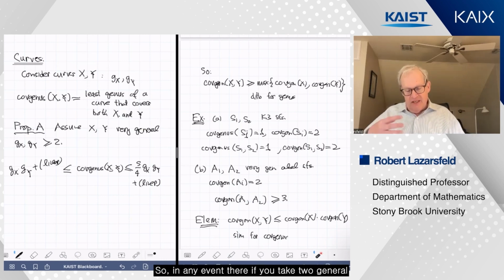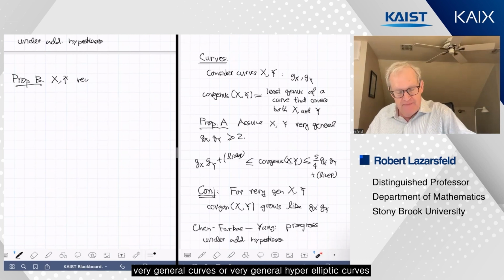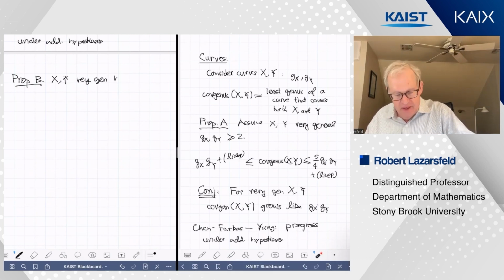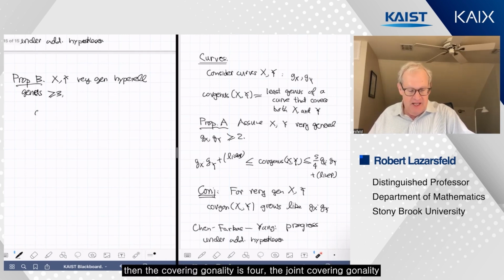In any event, if you take two very general hyperelliptic curves of genus at least 3, then the joint covering gonality is 4.